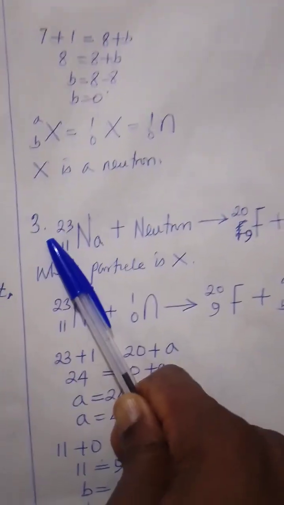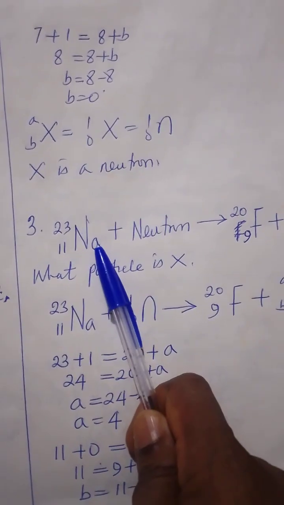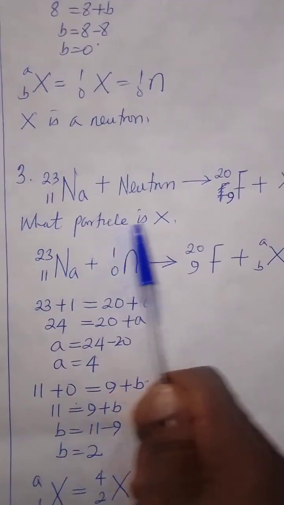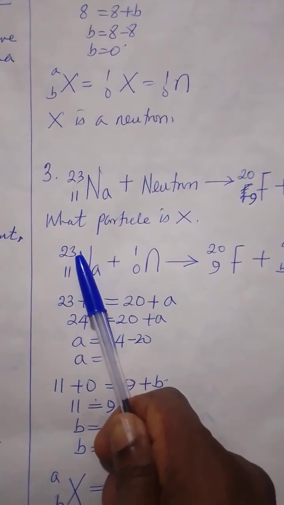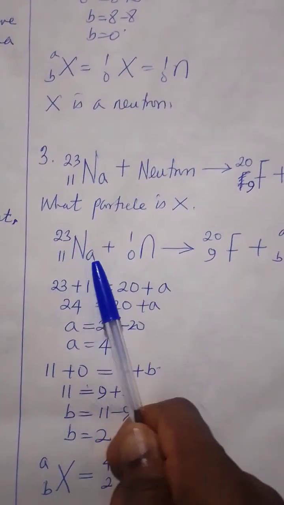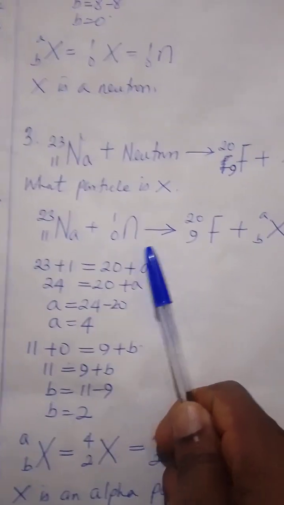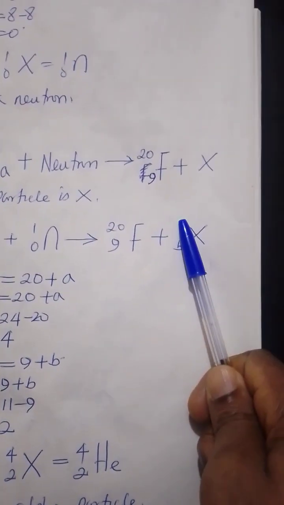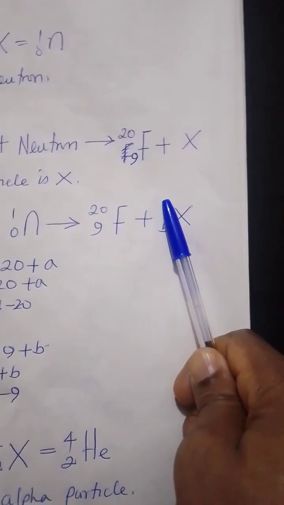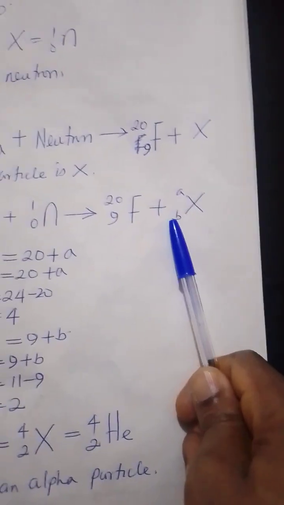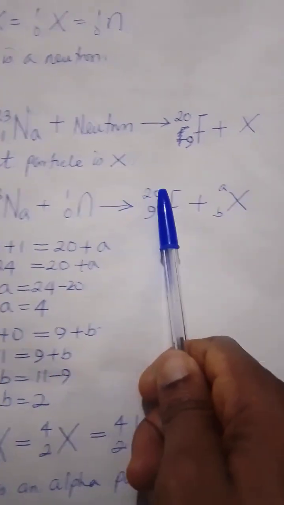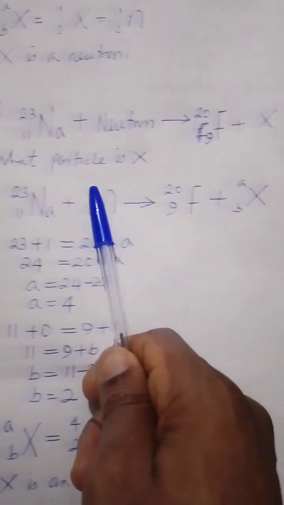The last question, question 3, we're given 23, 11 sodium plus neutron going to fluorine plus X. What particle is X? So we interpret the question. 23, 11 Na, neutron is 1, 0, n, 20, 9 F plus X, assigning A and B as the mass number and proton number. Then we look at all the mass numbers.